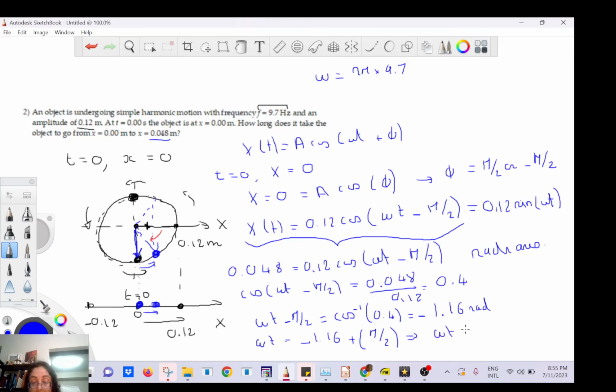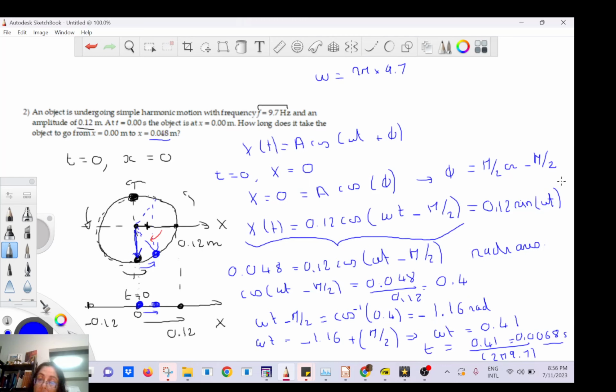So omega t equals 0.41. So t equals 0.41, and here you divide by 2 pi times 9.7. So divided by 2, divided by pi, divided by 9.7, and you get 0.0067 or 8 seconds.